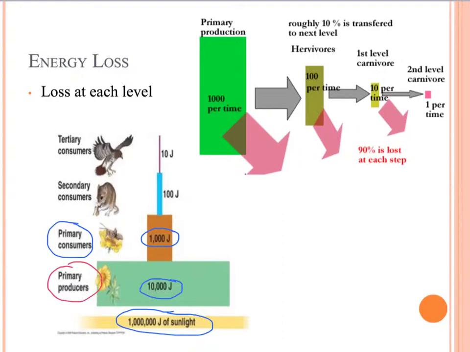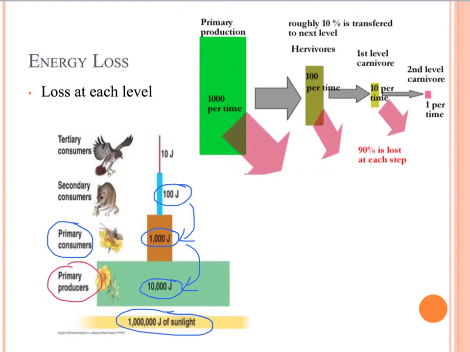But because, again, 90% is lost going up to the next stage, 100 joules of carnivore energy has required 1,000 joules of herbivore energy, which in turn required 10,000 joules of plant energy.